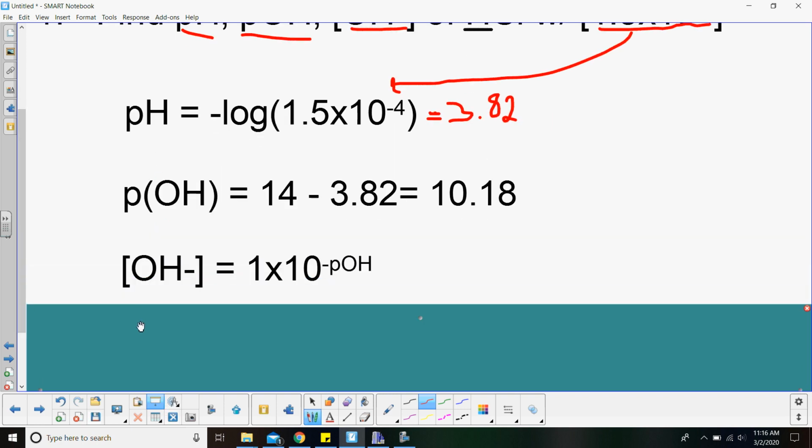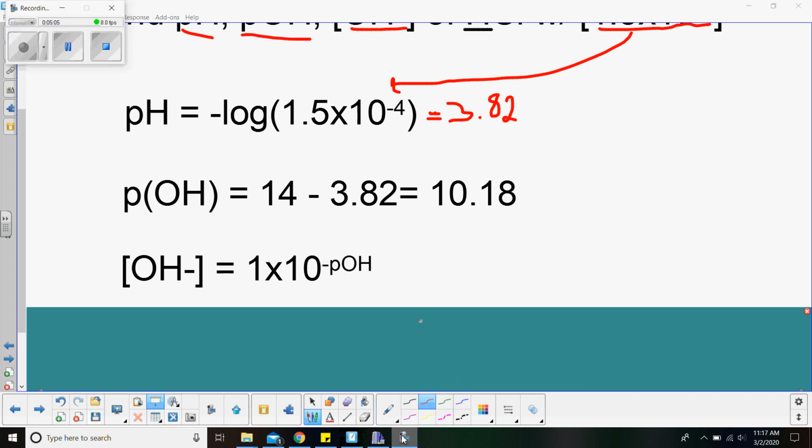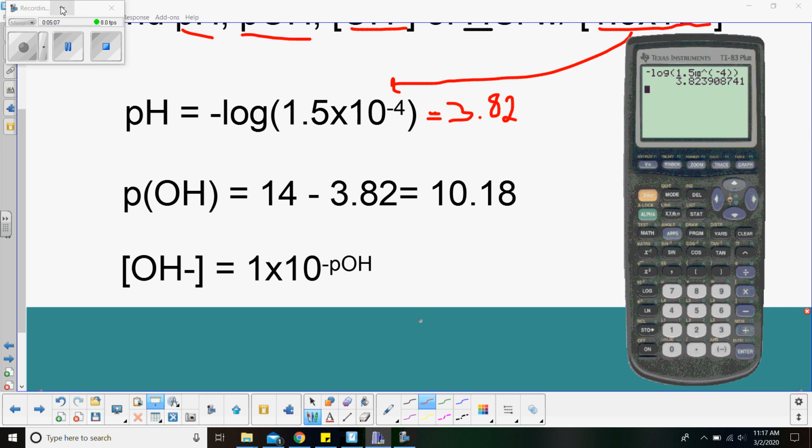So now we just plug it into our next equation, which is OH minus equals 1 times 10 to the negative pOH. We're going to take our calculator, do the power of tens, put in our negative pOH, which is negative 10.18, parenthesis, and now we have our value of 6.606.